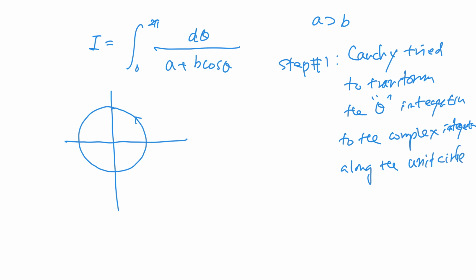Unit circle means circle with radius 1. Unit circle is a circle with radius 1. So this is 1.